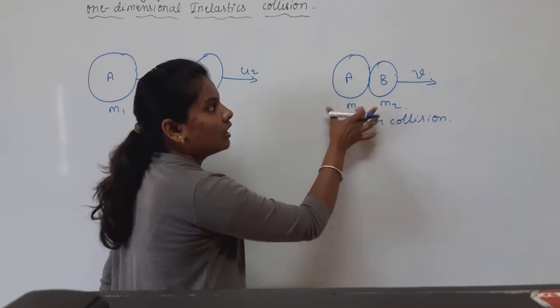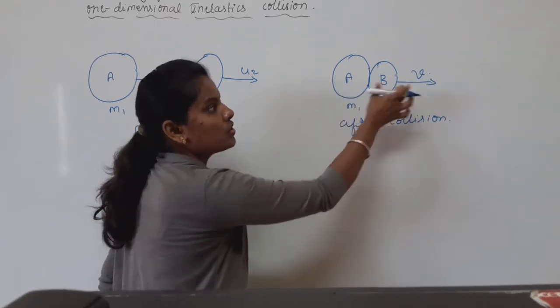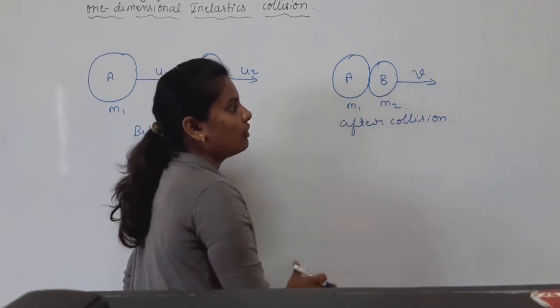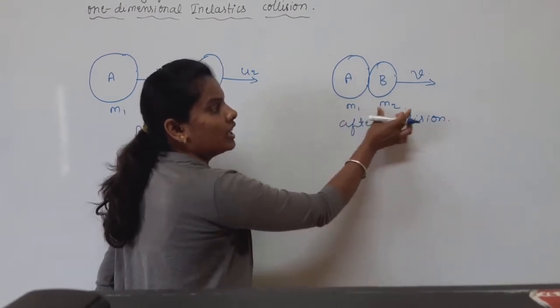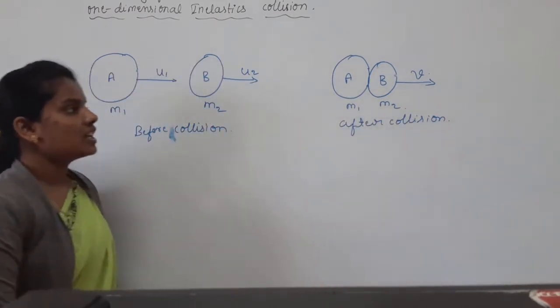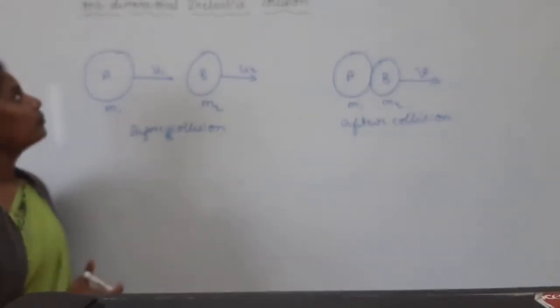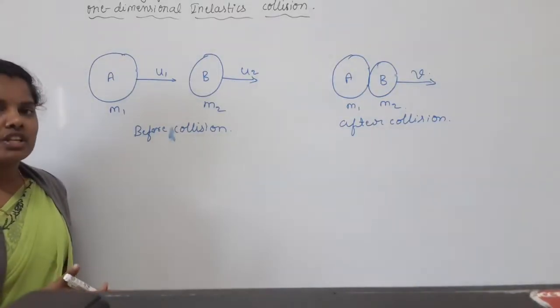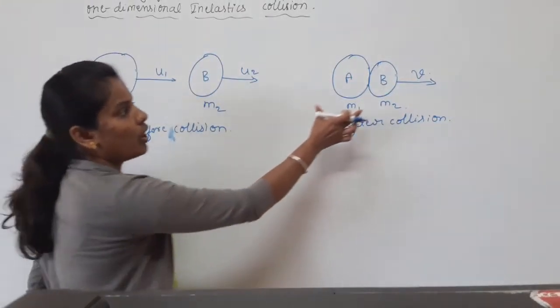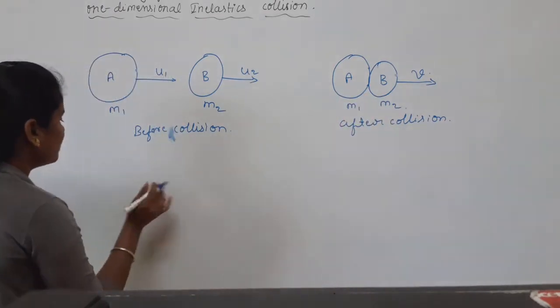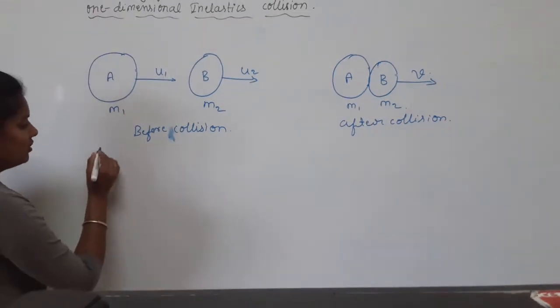After collision, both A and B move with a common velocity v. Now let us find the common velocity of the two bodies.